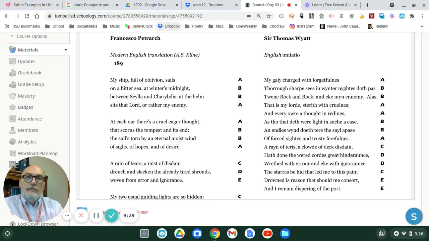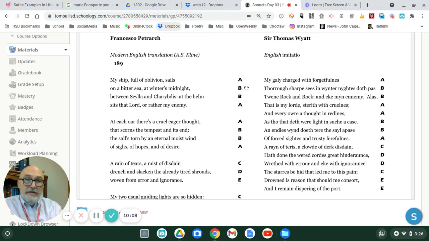Okay, so the one on the left is a direct translation in modern English by Mr. Klein, whose work I've used in other resources in this class. Okay, so Klein is a contemporary of the 90s and 2000s. He took sonnet number 189 and translated it.